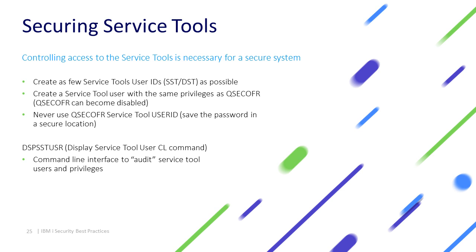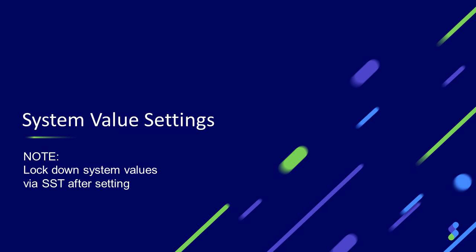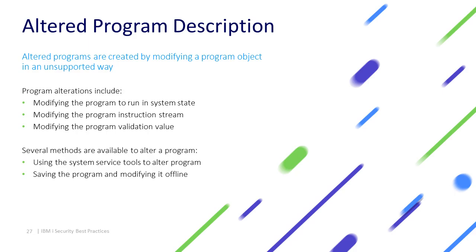There are tools in there to change any object on the system with no additional authority checks beyond having the user ID and password to enter SST and the privilege to use the tool. It's called Display Alter Dump. Very, very dangerous. So you want to keep users out of there if you care about security. Only privileged users that need to be in there should be there.